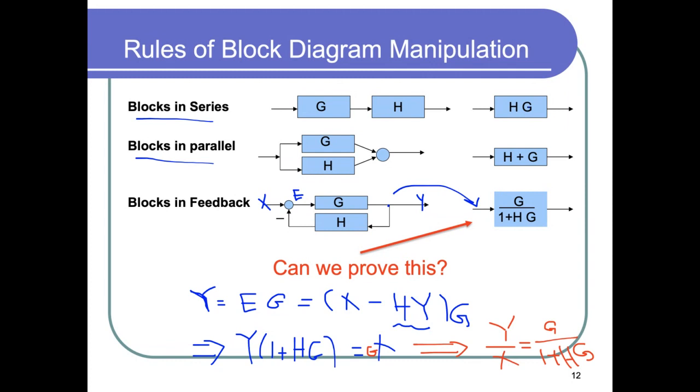Y is not equal to H. H is the block for the measurement device. So before H, you have Y. Here is Y. This is Y. Then you multiply it by H. Clear?